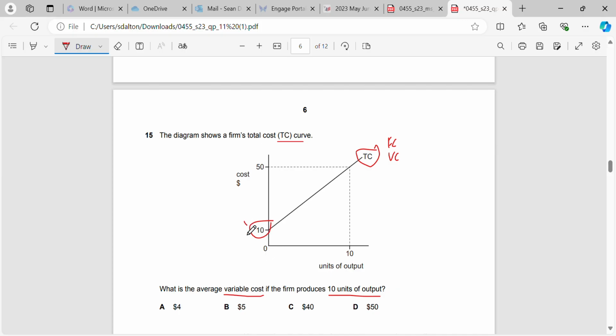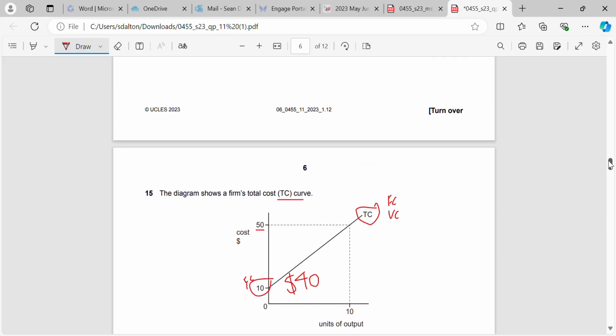That tells us that that must be our fixed cost, because when we're not making anything, it's still costing us $10. That means our variable cost is going to be 50 minus 10, so $40. And to get our average variable cost, because that's what the question asks us, 40 divided by 10, so variable cost divided by units of output, $4 per unit.